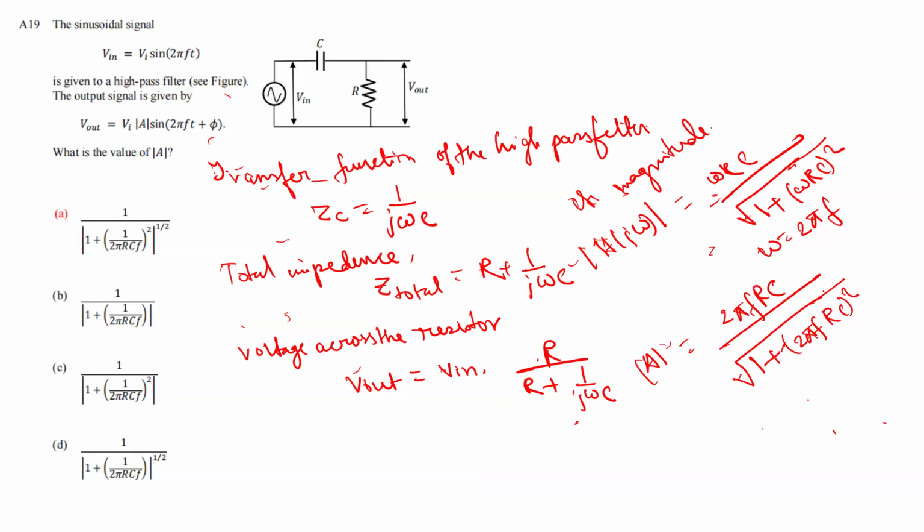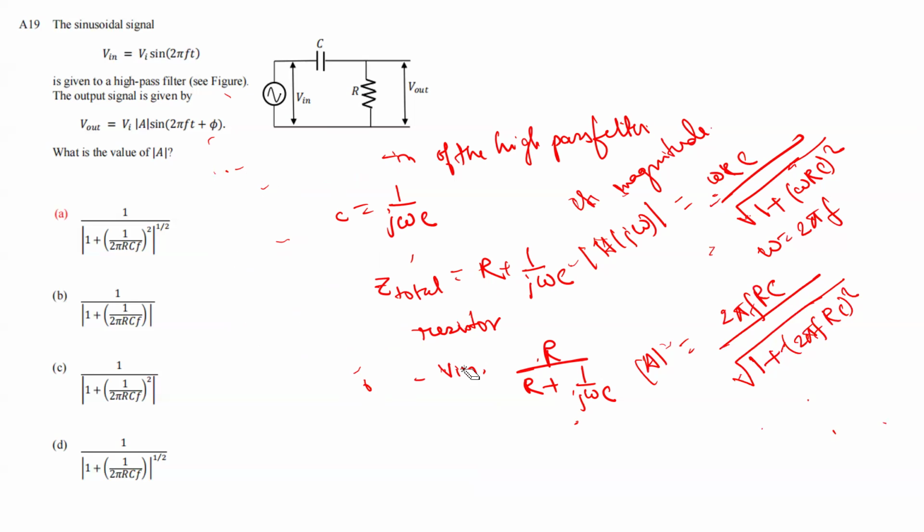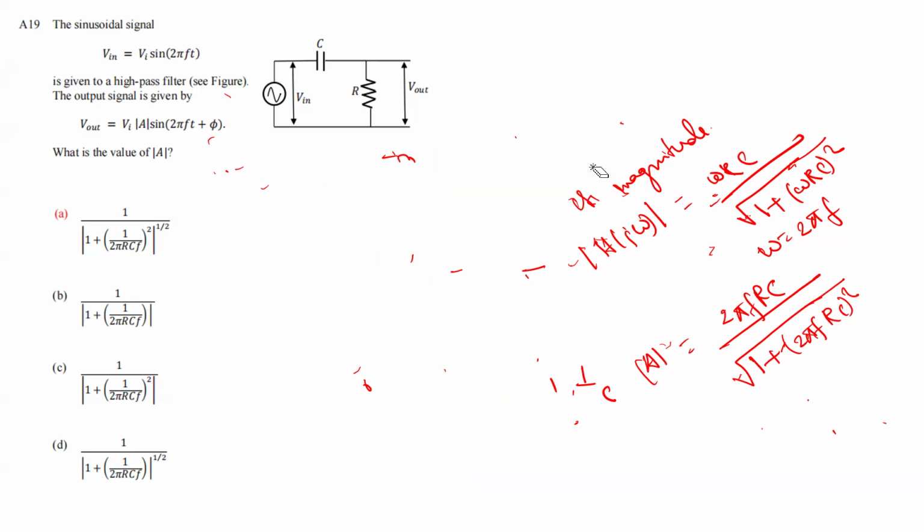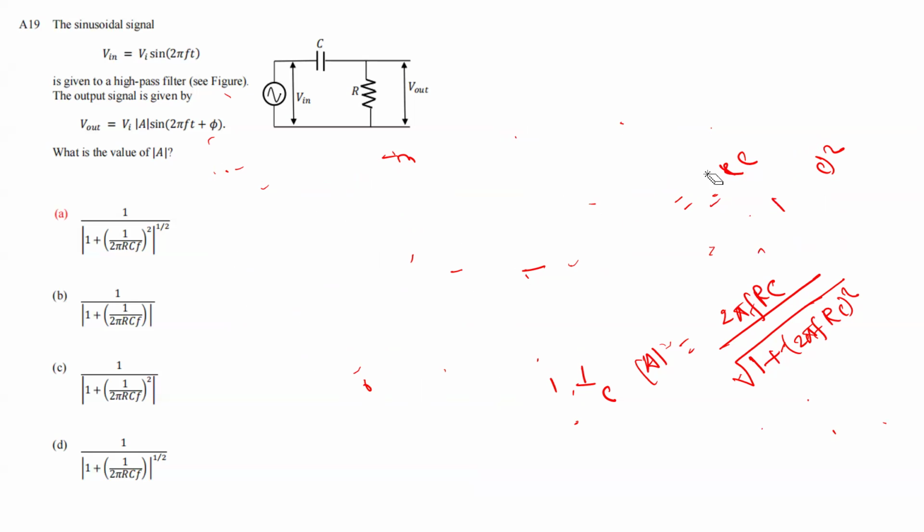Now we divide both the numerator and denominator by 2 pi f RC.